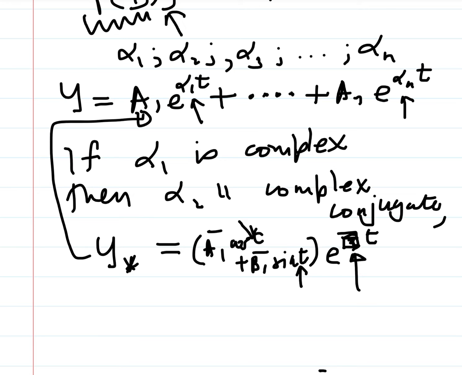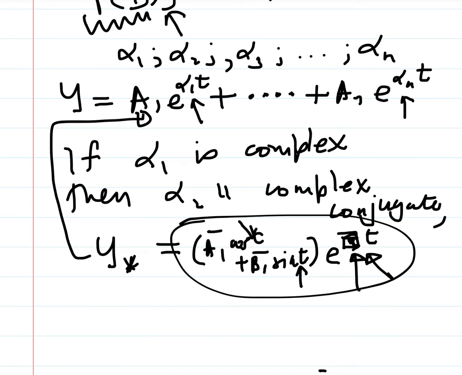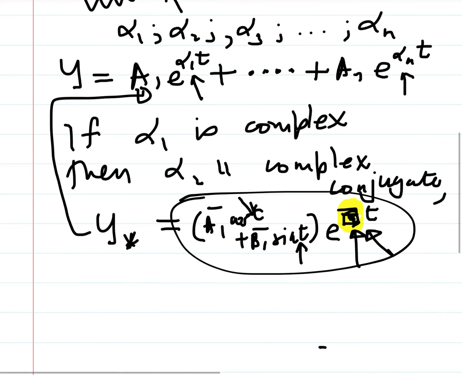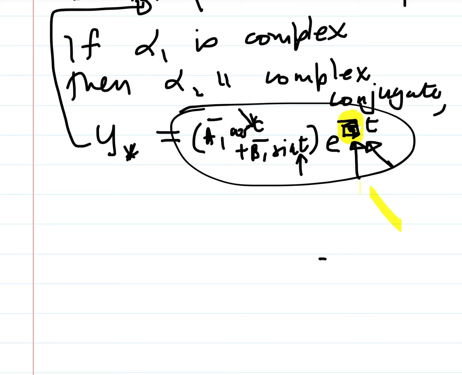So now we can sum up the two together. In other words, this part there would have to be negative for this whole thing to go to 0 as t goes to infinity. This part here, in fact, is the real part of the complex roots. So we can put together what I've discussed here and what happens in the equivalent complex case up there.